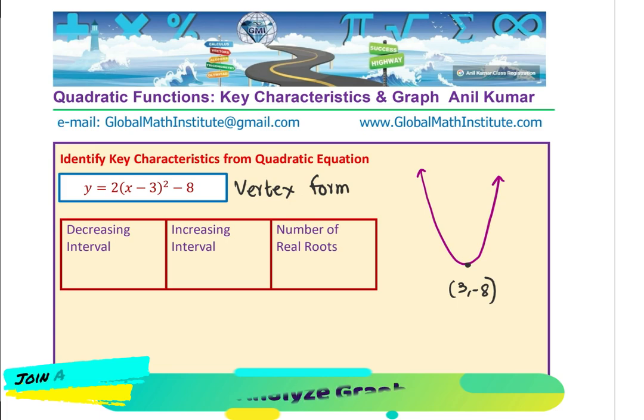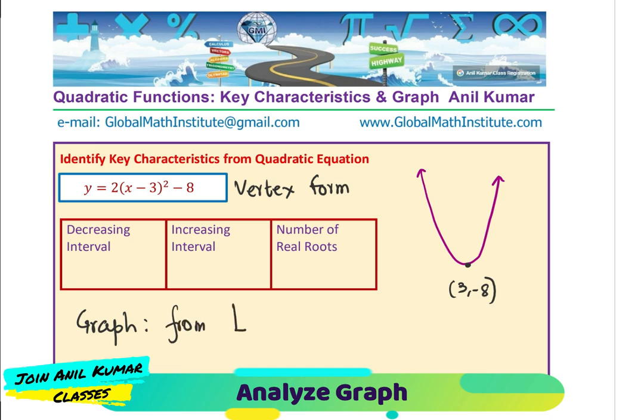So we are analyzing the vertex form of the equation of a parabola. The shape, the curve, is called a parabola, right? Decreasing interval, increasing interval, and number of real roots. Very critical question. Now see, whenever you see a graph, how do you see a graph? From left to right.